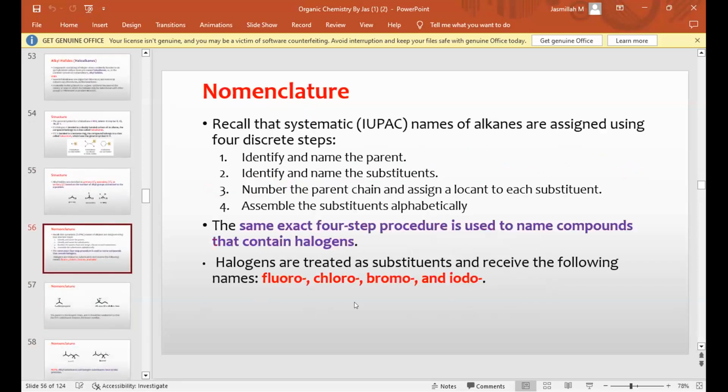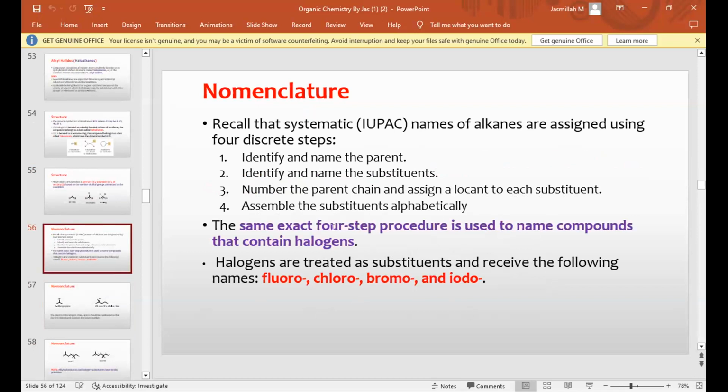So how do we name these alkyl halides? First, we identify the name of the parent molecule. Then we identify and name the substituents. Then we number the parent chain and assign a locant to each substituent. Finally, we assemble the substituents alphabetically.